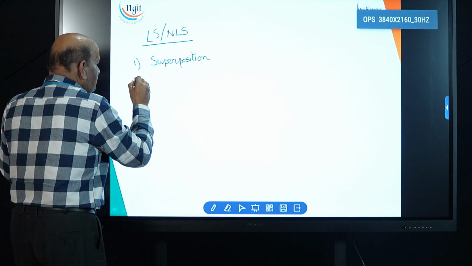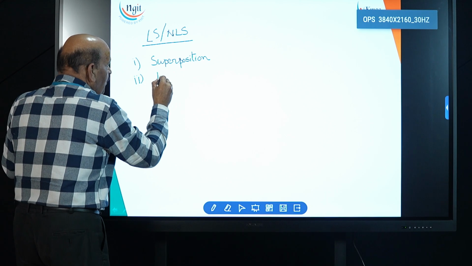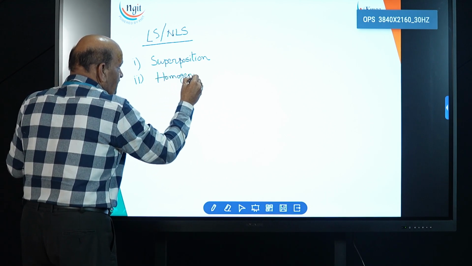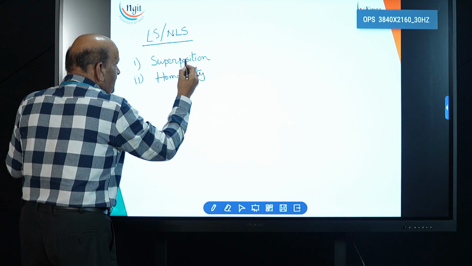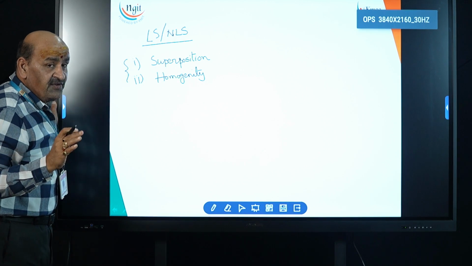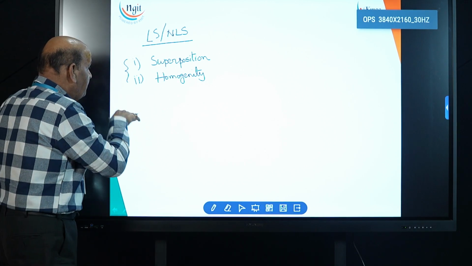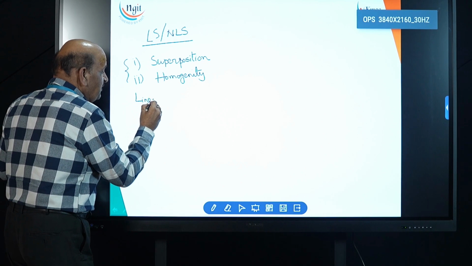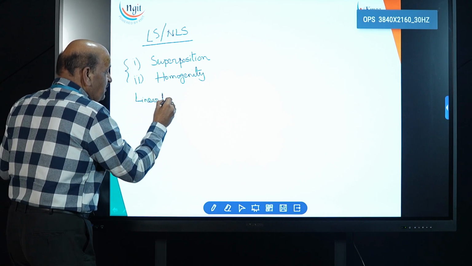The second concept is called the homogeneity principle. First, these two should be verified. Once verified, then we have to go for the principle of linearity, or linear principle, or linearity principle.